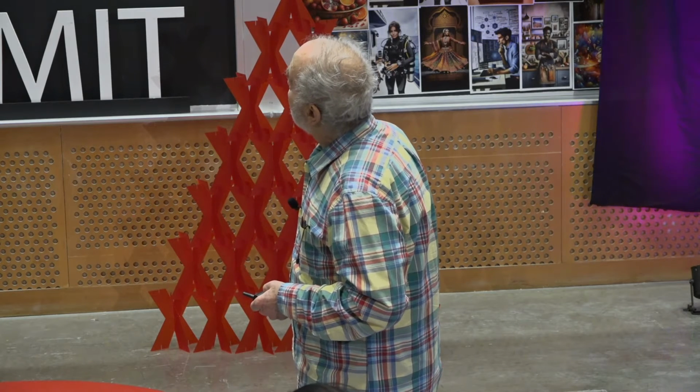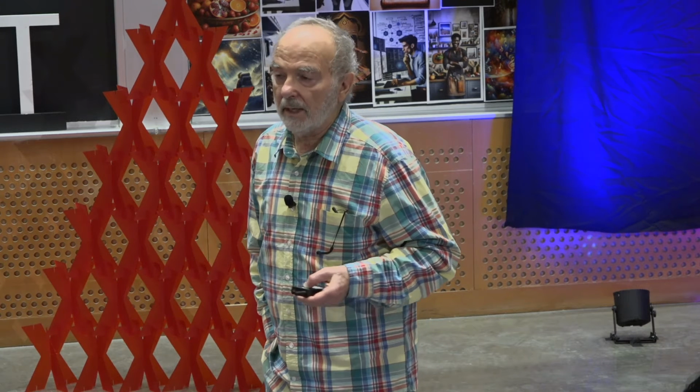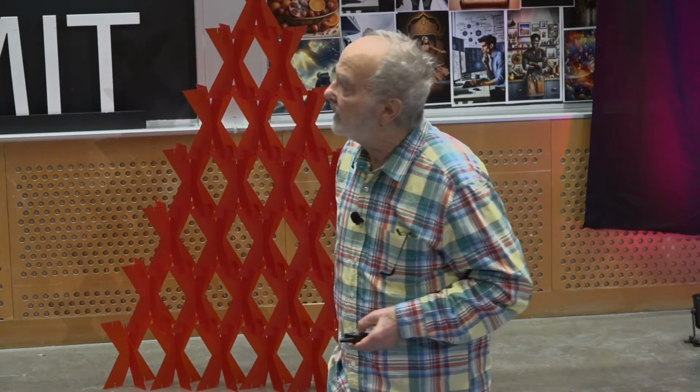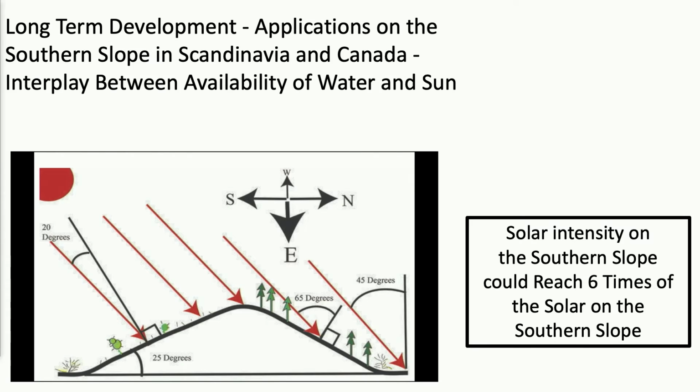There is an interesting long-term possibility to use this concept in places like Scandinavia or Canada. There is an interplay between water and sun. In Texas, there is a lot of sun, but not much water. In Canada and Scandinavia, there is enough water, but not much sun. So in those places, we can perhaps cultivate on the southern slope.